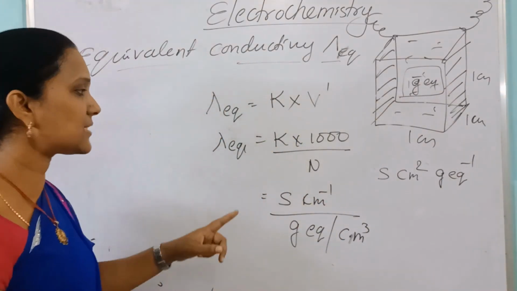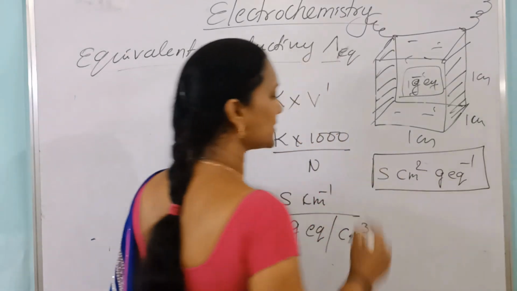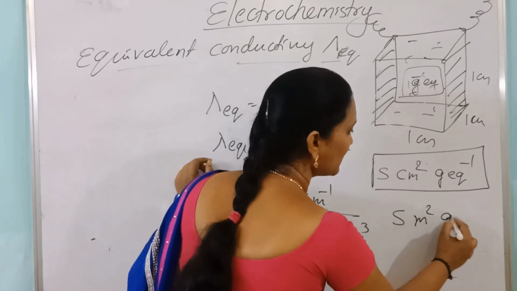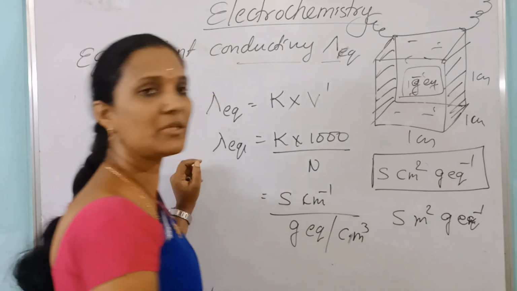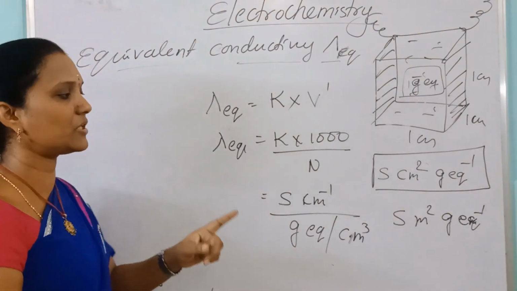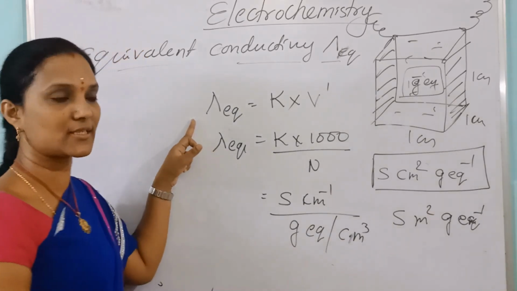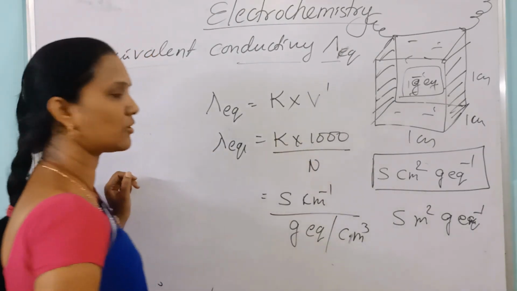Siemens centimeter square per gram equivalent are the units of equivalent conductance. If it is given in meters, Siemens meter square gram equivalent inverse. So how to find this equivalent conductance? K into 1000 by N, normality.